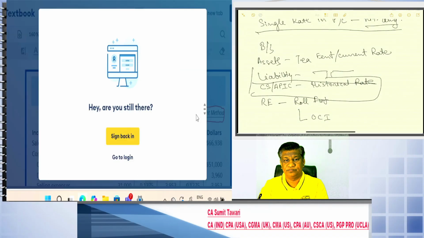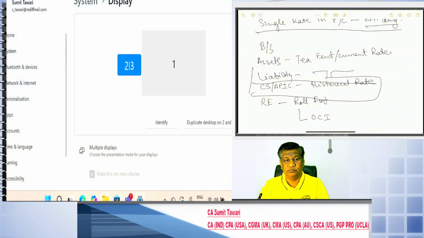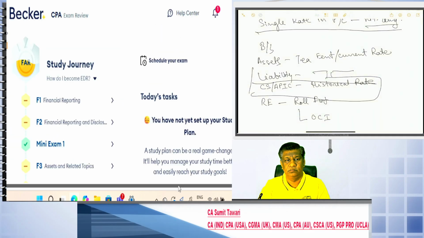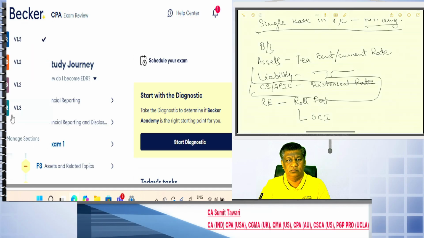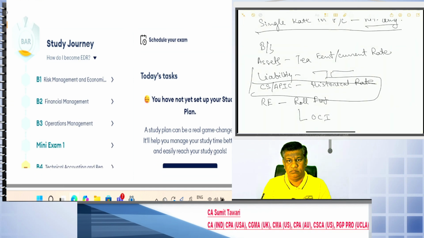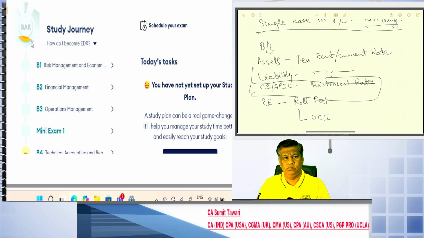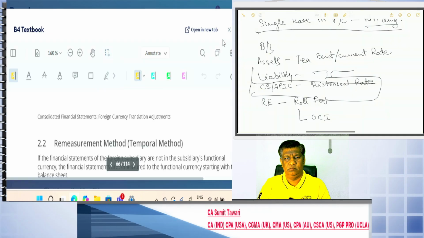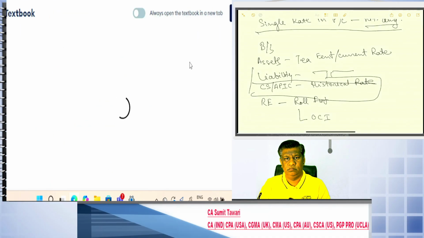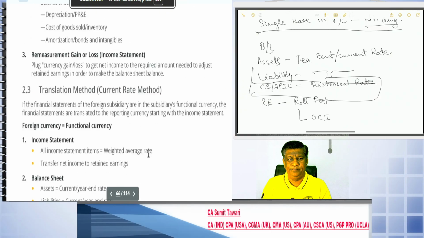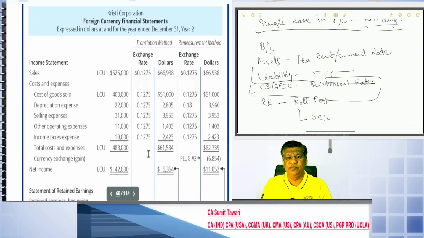Means if you see, okay, so here 1275, how we calculated.